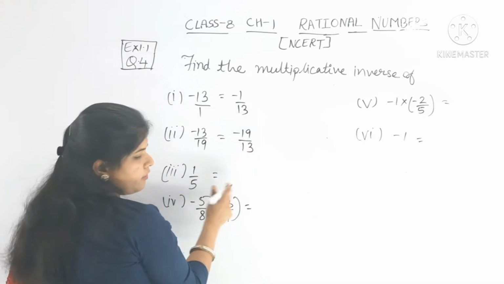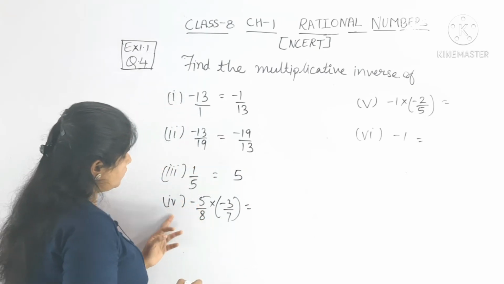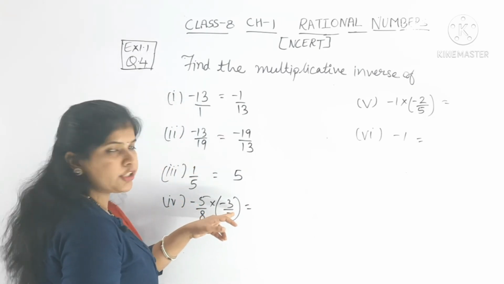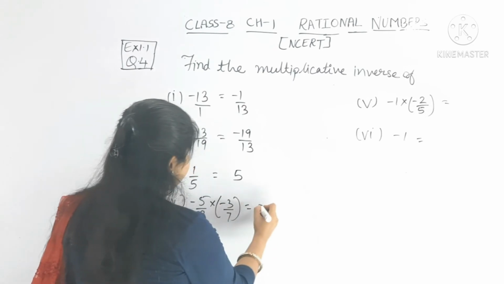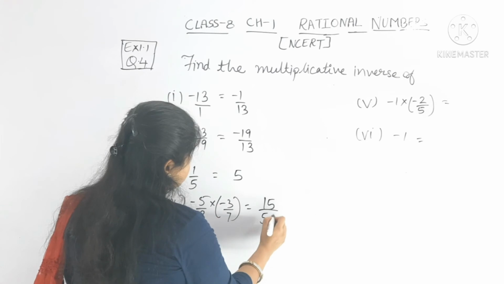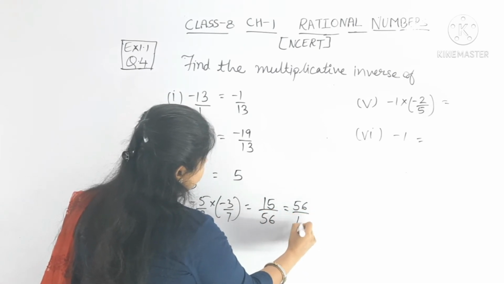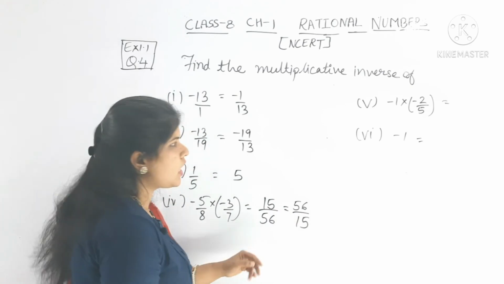Here is 1 by 5, so I am getting 5. Here I have to solve the fourth part. 5 minus 5 by 8 into minus 3 by 7. So 5 threes are 15, minus minus is plus, 8 sevens are 56. Okay. So what is the multiplicative inverse? 56 by 15. This is the answer.